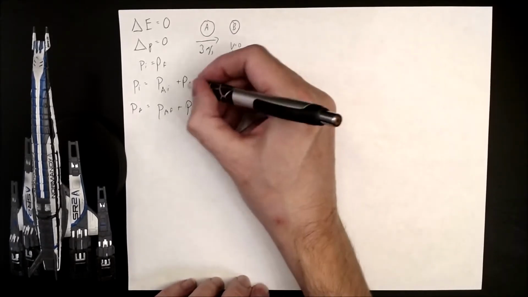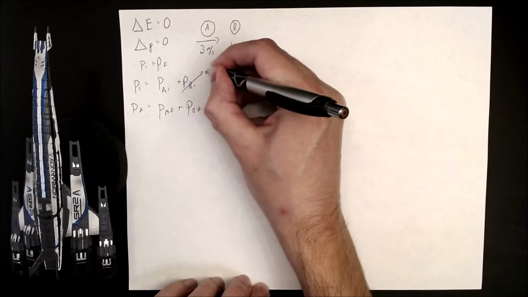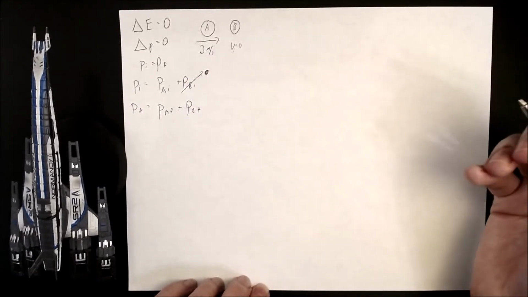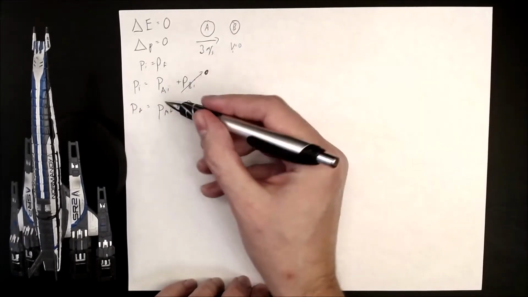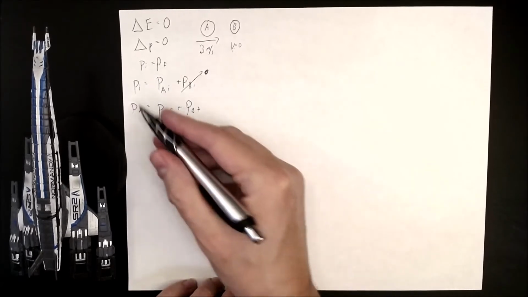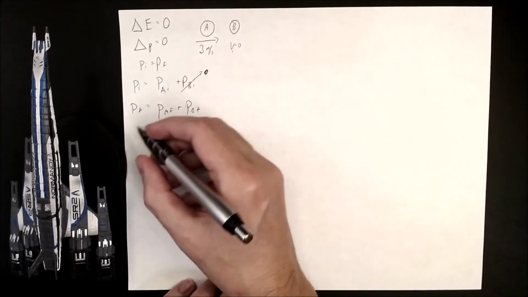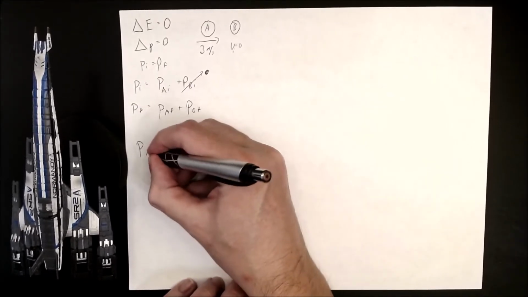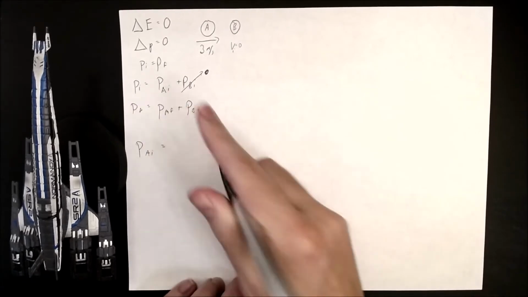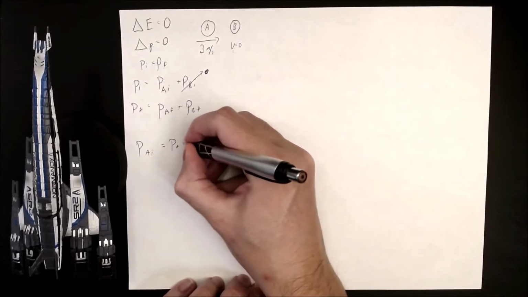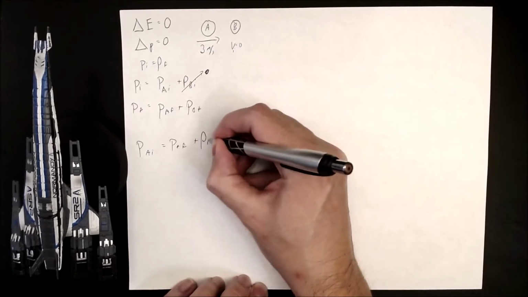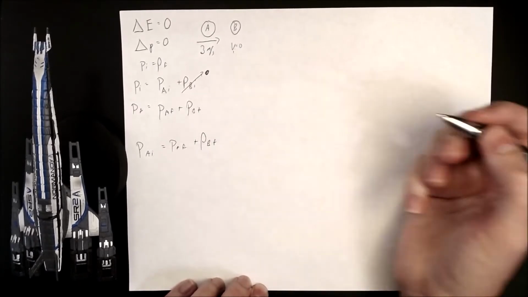Well, that means that the momentum initially is 0, so that's going to simplify things very slightly. We can plug these in up there. P initial is going to be momentum A initial. P final is going to be momentum A final plus momentum B final.